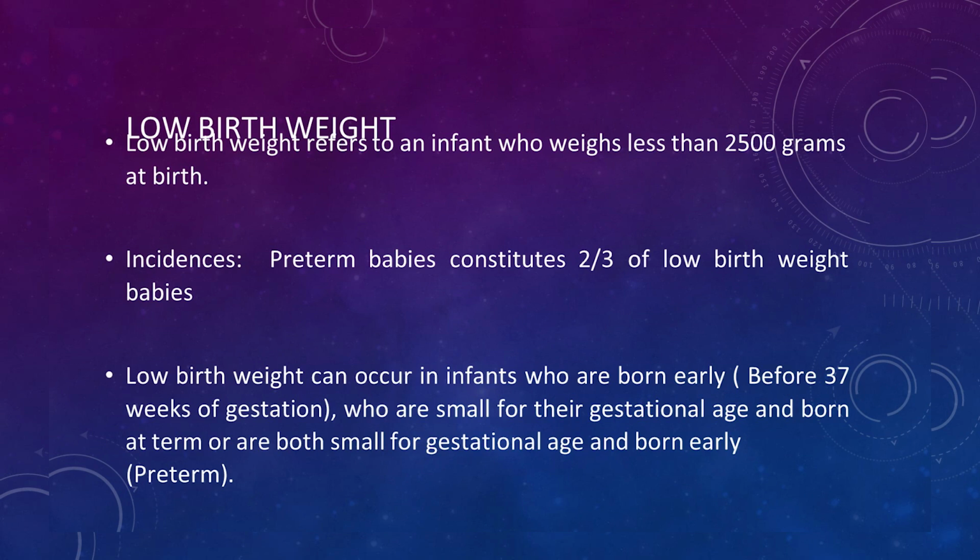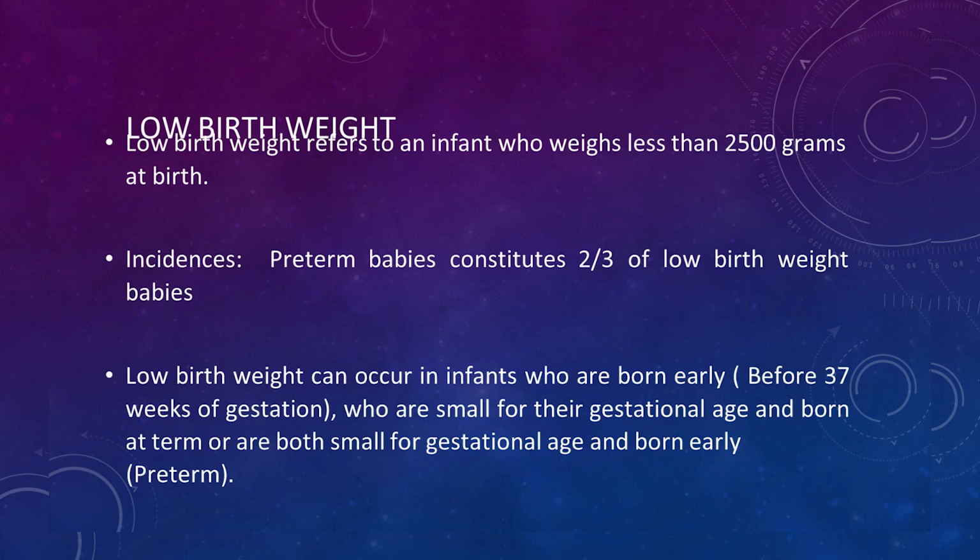Low birth weight can occur in an infant who is either born early, that is preterm, before 37 weeks of gestation, or who is small for the gestational age and born at normal term. So they are born after the normal term, that is a total of 9 months, but still have a low birth weight. That is small for the gestational age.